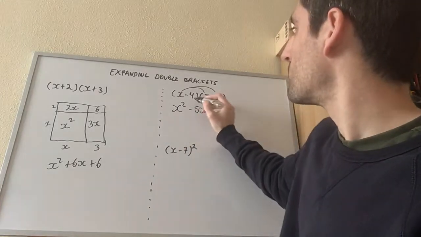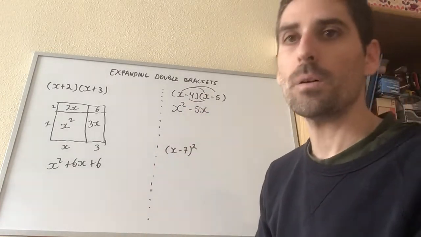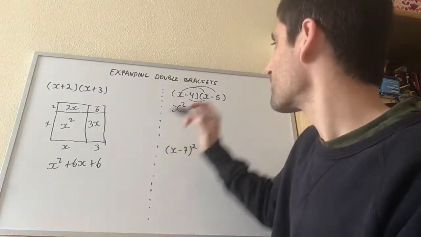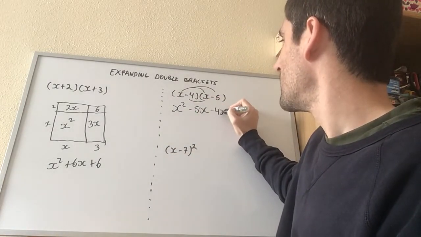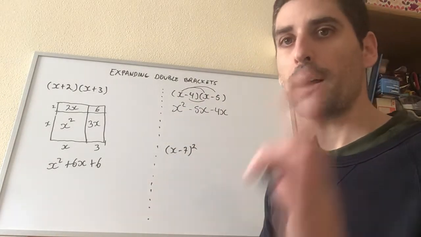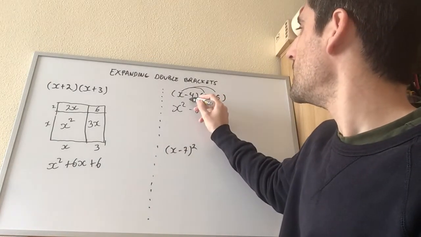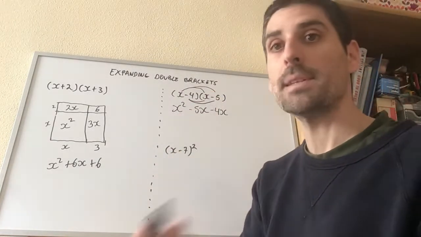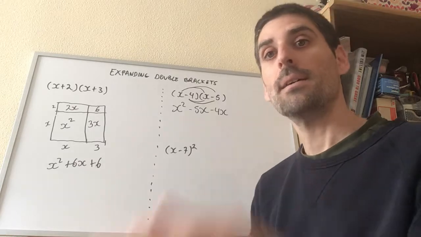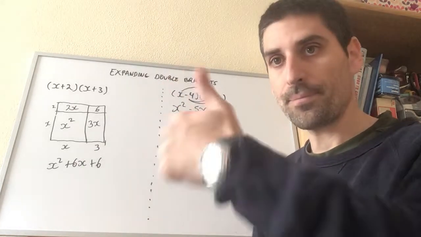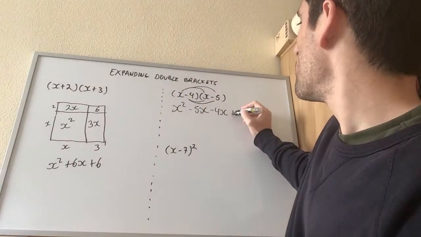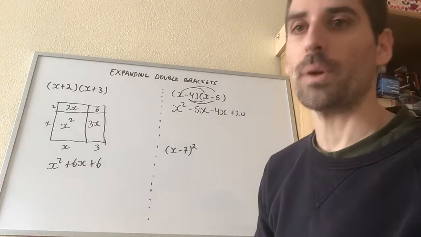Now I need to multiply negative 4 times x, and that's negative 4x, and finally negative 4 times negative 5, so be careful with the signs. Negative 4 times negative 5 is positive 20.